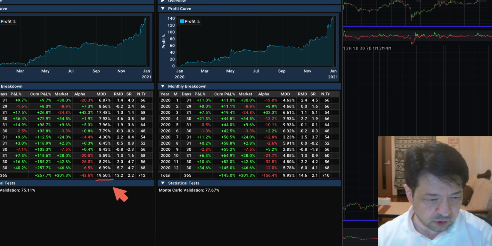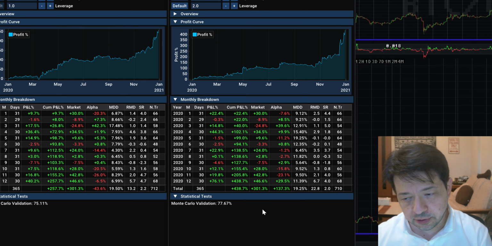That's the big improvement. If you're not profit focused, and you focus more on the maximum drawdown and the return per maximum drawdown, and of course you have the ability to use and increase leverage, then that makes a lot more sense.